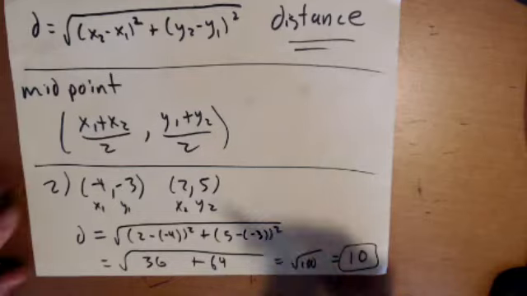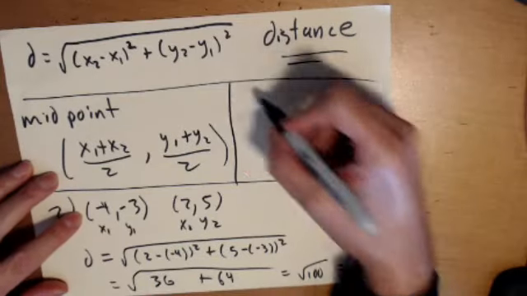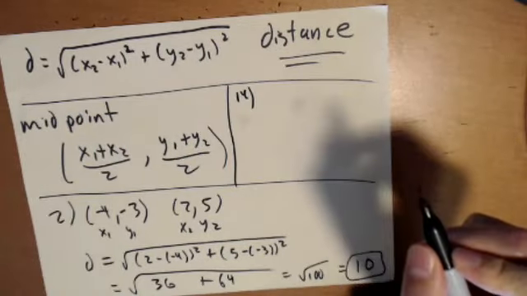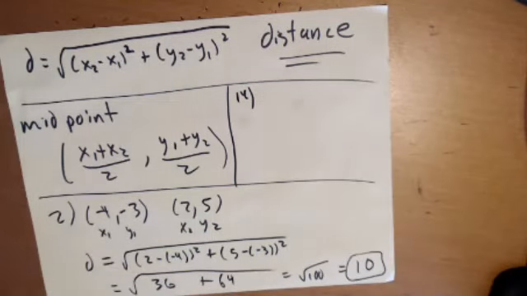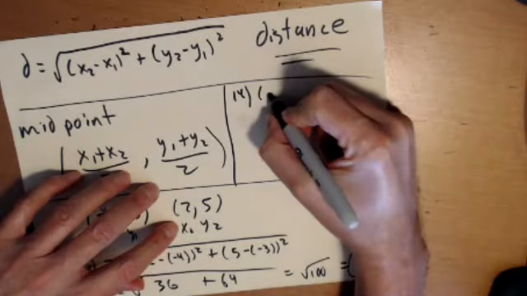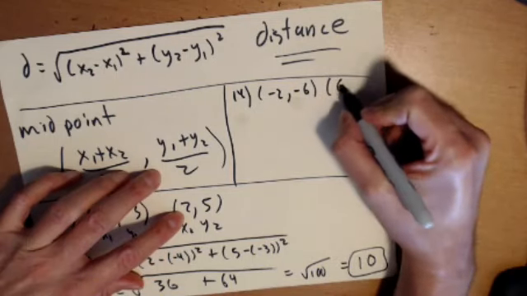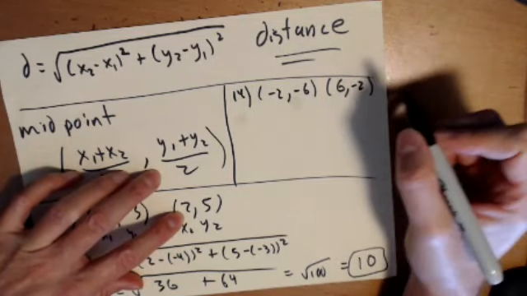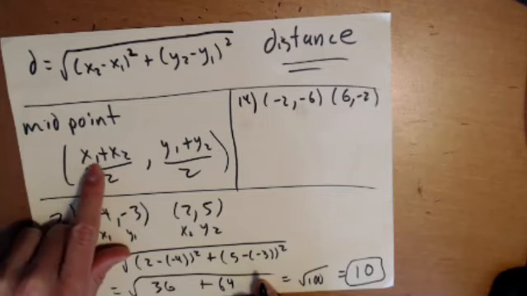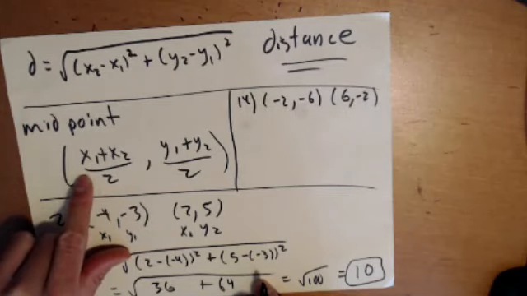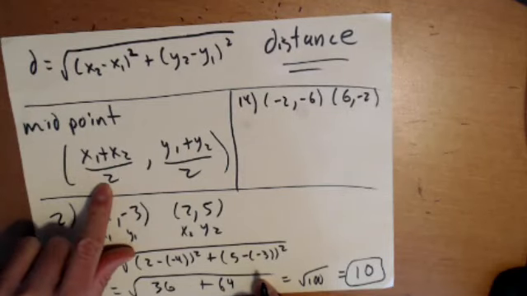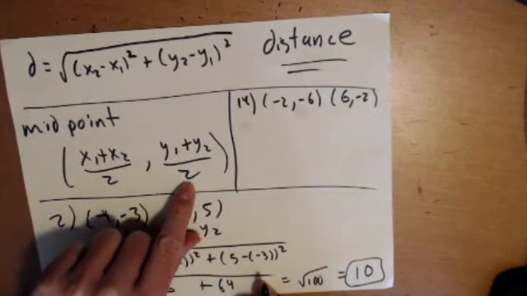So if we take a look at number 14, they say find the midpoint between (-2, -6) and the other point (6, -2). So all you're doing is your x1 and x2 divided by 2, right? Doesn't that mean we're just averaging out the x's and averaging out the y's? Oh yeah, that makes sense.